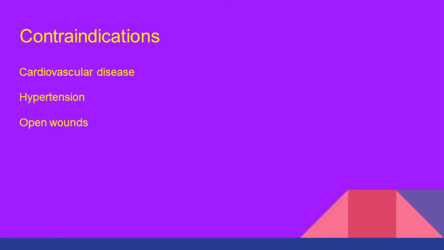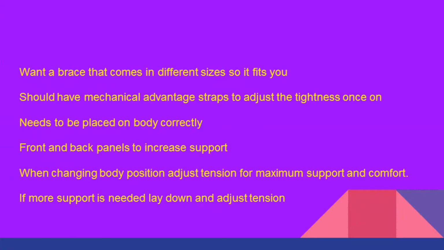Contraindications are going to be cardiovascular disease, hypertension, and open wounds. The reason that hypertension and cardiovascular disease are problematic is that the brace tends to increase intra-abdominal pressure, and you just need to get that okayed by your doctor, and it should be good.